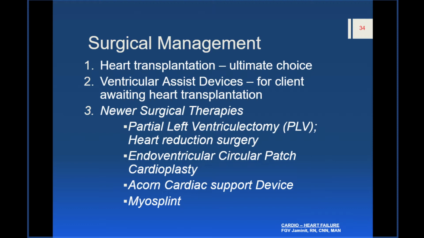Acorn looks like, do you know the wrapper or the pouch of the apple, parang net, no? That is how an acorn looks like. So we put that acorn around the heart for support as it contracts. And of course, myosplinting as well.